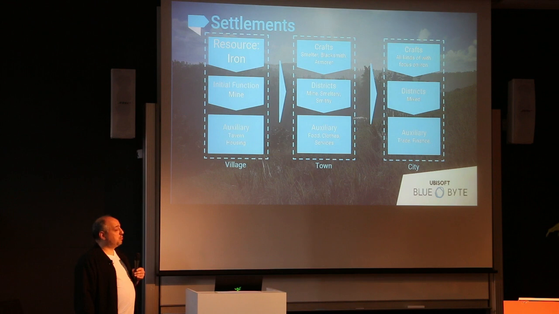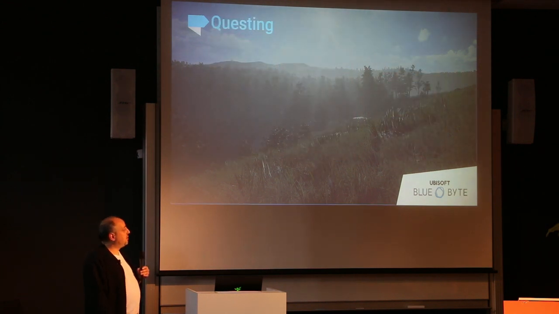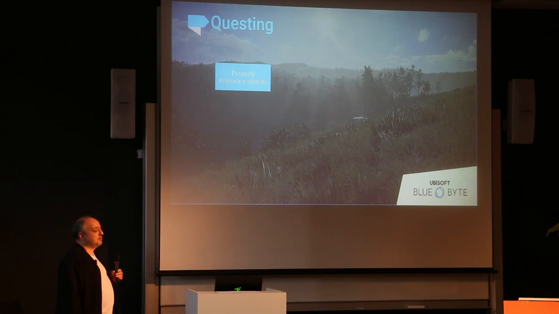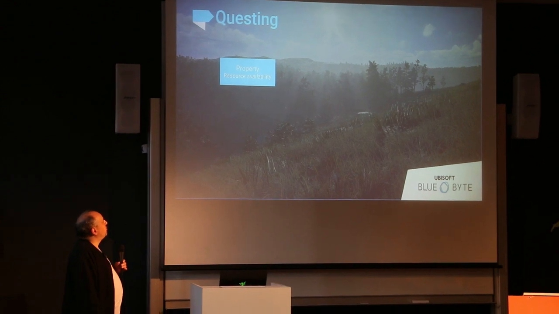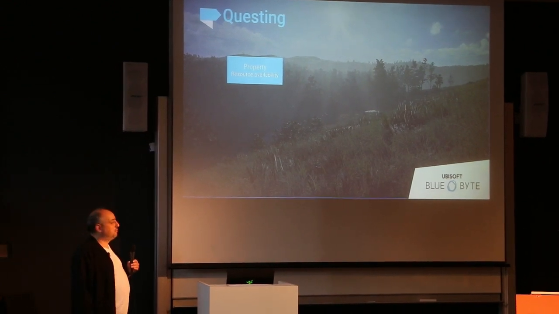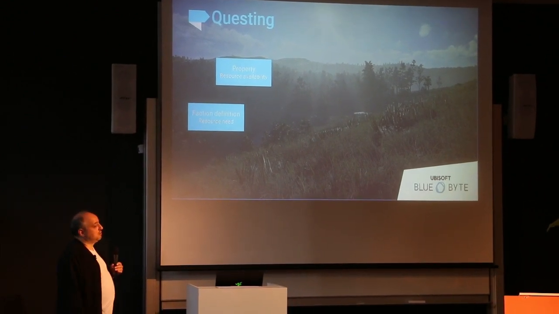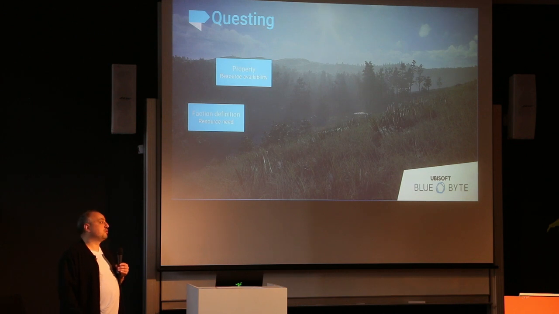Okay, now we have a city and we have some NPCs that could have some meaning in there. So let's see how we can actually generate some quests out of that. So basically, if you look at the composition of a quest system that is fed procedurally, you work with several types of properties and basically objects. So we have the property of a resource available, iron, wood, whatever. To that we have our faction definitions, and know that certain factions may need a certain resource or that resource.